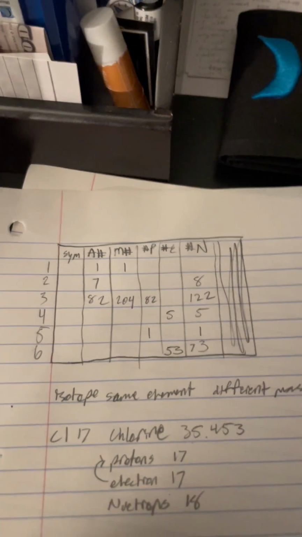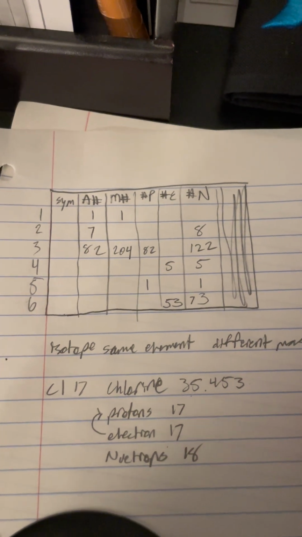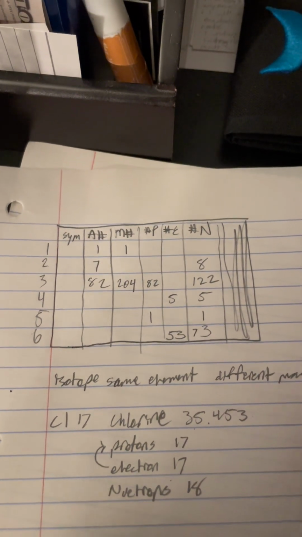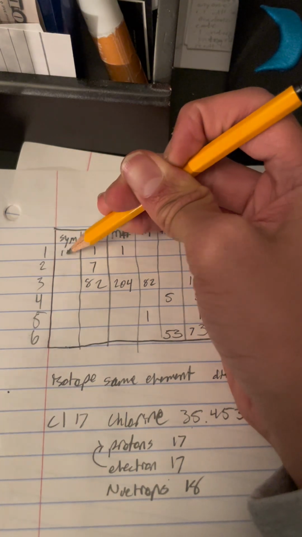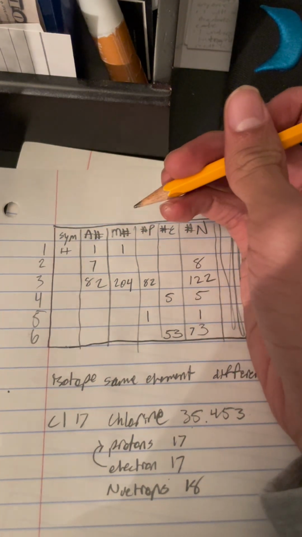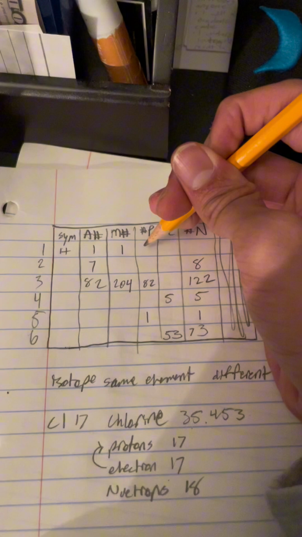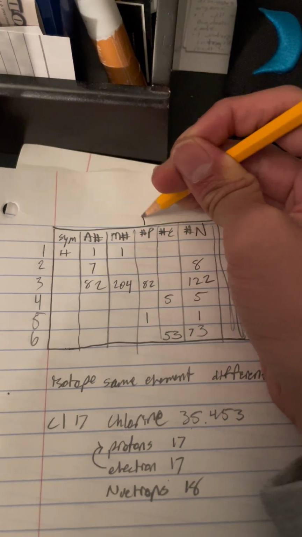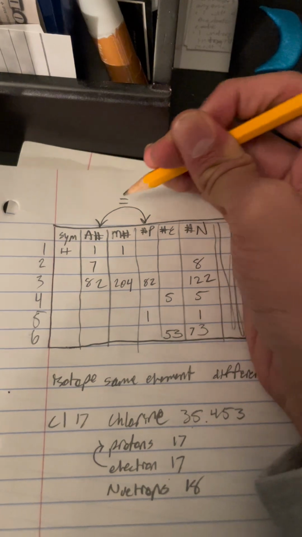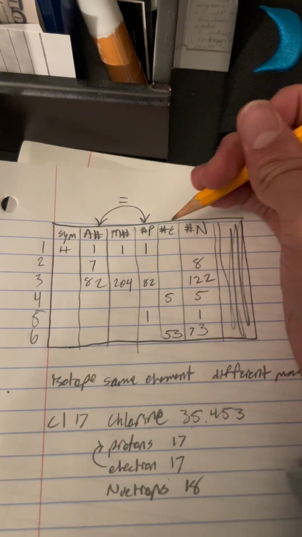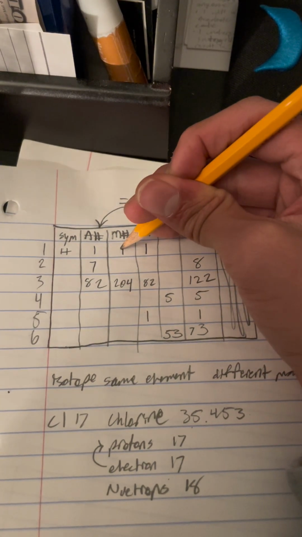So now using this, we can fill out this table. So atomic number 1, that is hydrogen. The atomic number and protons are always the same. So 1, the mass is 1.